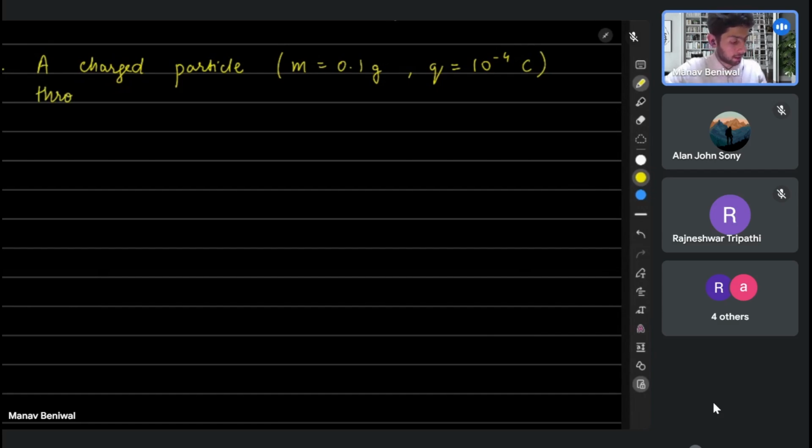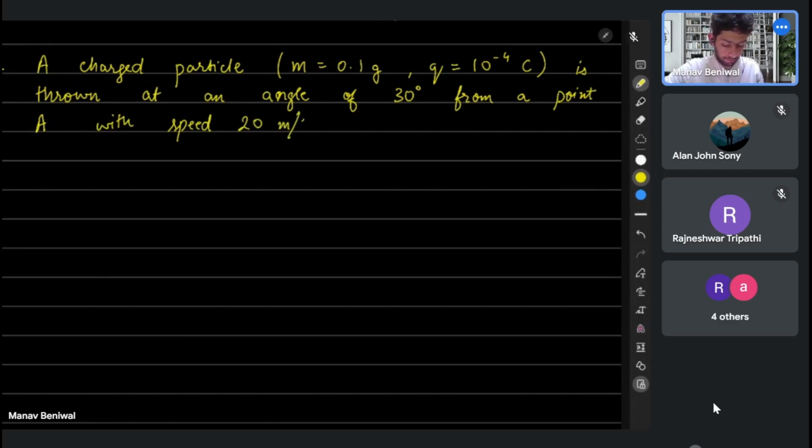A charged particle this much is thrown at an angle of 30 degrees from a point A with speed 20 meters per second.